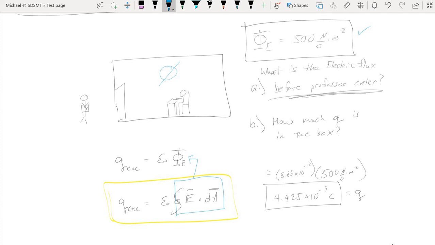One last little concept question. Let's say your professor leaves and brings back a different box, but this time when your professor enters the room with that box of charge, the net flux for the room is now a negative 500. So what does this mean? What has changed?